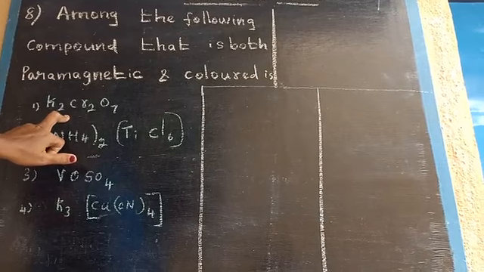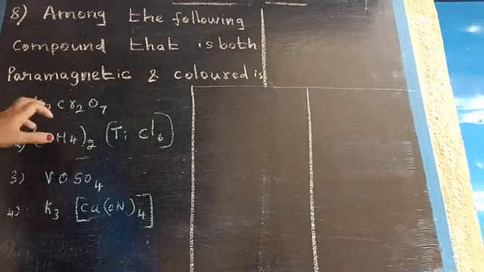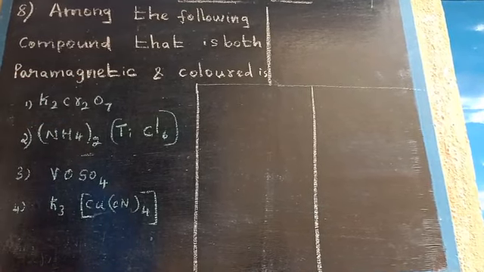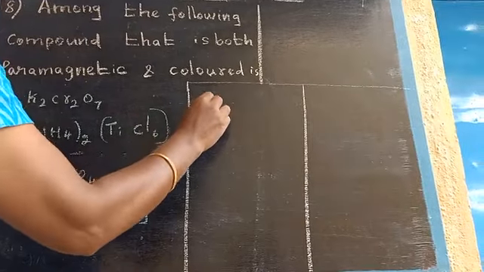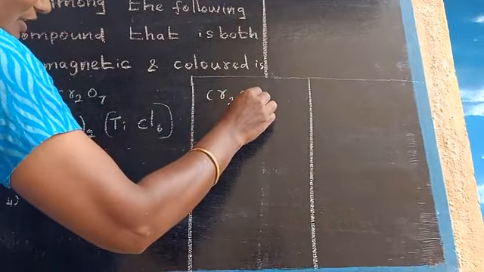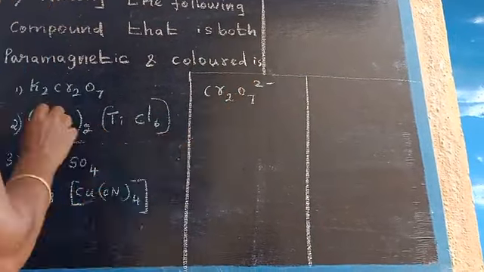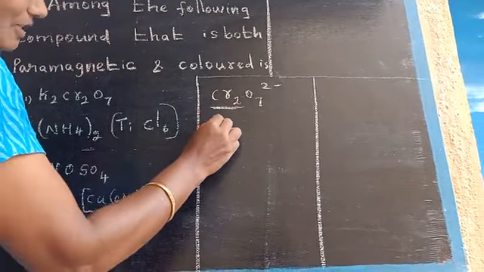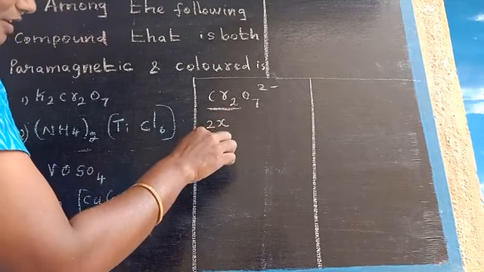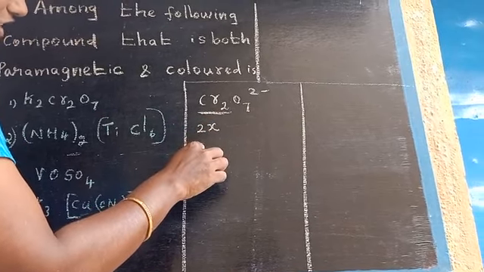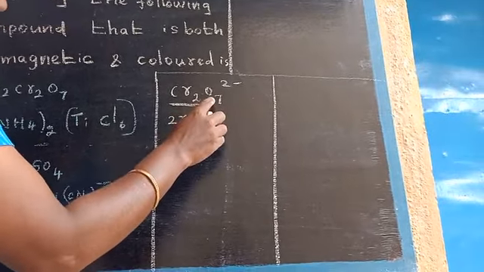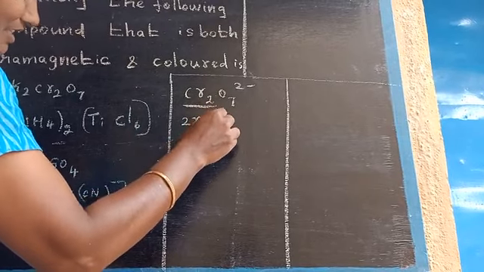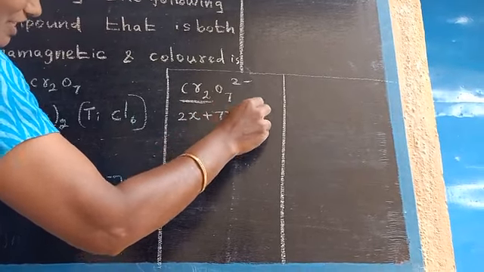See the first option, K2Cr2O7. Now to split the compound: Cr2O7 2 minus. You know how to split. Here this is the transition metal. Now to find the oxidation state: 7 oxygens, 7 into minus 2.